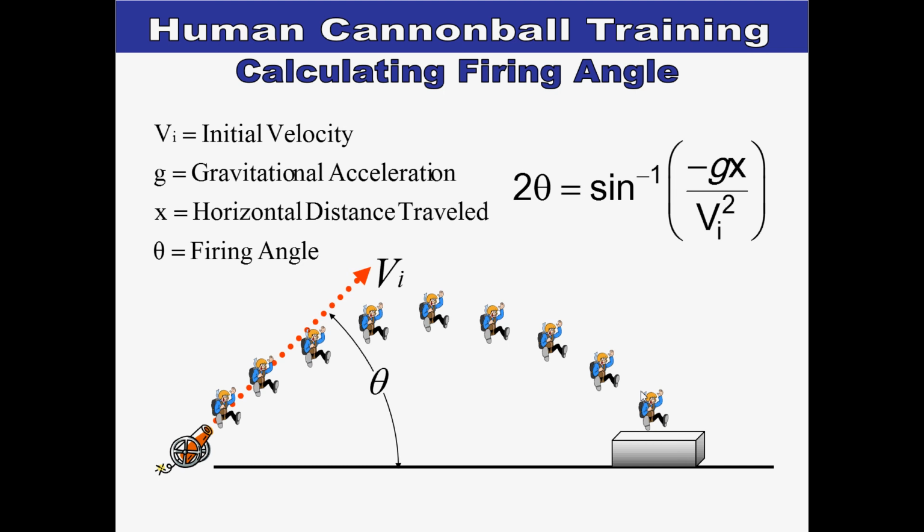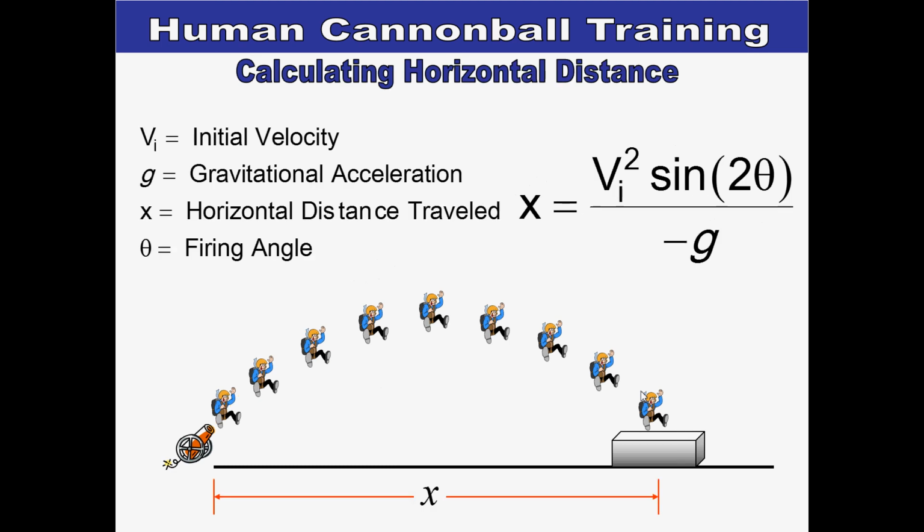So if you want to find the maximum distance you'll travel, you want to fire at 45 degrees. And the reason for that is right here. If I'm trying to make the largest range, the largest X, and I am not changing VI, I'm not changing G, I want to make sine of 2 theta the largest number. Well, the largest number you can have is the sine of 90 degrees. That's just 1.0.